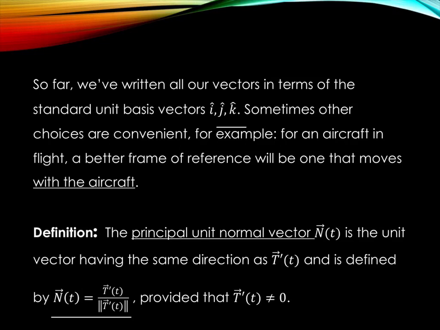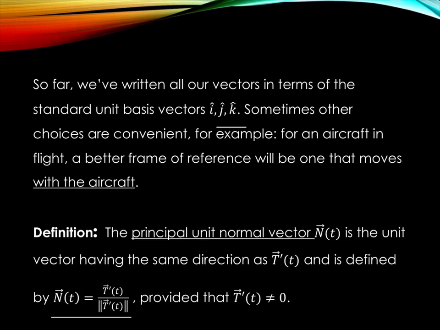I think we need a few more adjectives myself, but that's what you got, right? The principal unit normal vector N of t is the unit vector having the same direction as T prime of t, and is defined as follows.